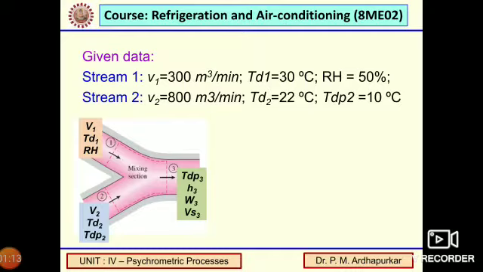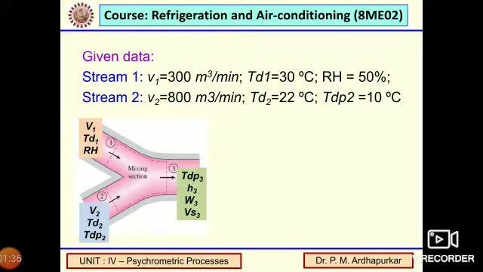In order to solve this numerical, let's first understand what is the given data. Stream 1 as a fresh air for which volume flow rate is given, that is 300 meter cube per minute. Its dry bulb temperature is 30 degrees centigrade and relative humidity is 50%.